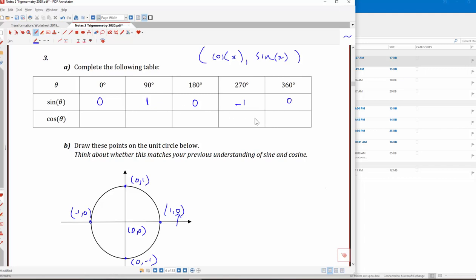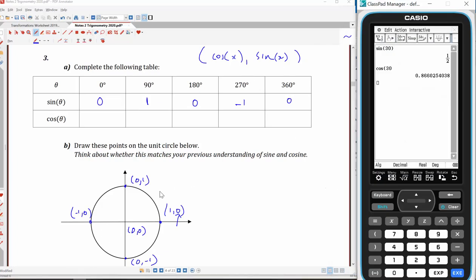You'll also note that if I continue this further along, it's going to be no different. We're going to get the exact same set of numbers each time we go around the unit circle, because it's a circle, and as the saying goes, when you go around in circles, you see exactly the same things.